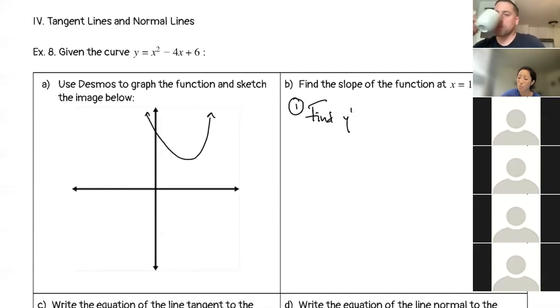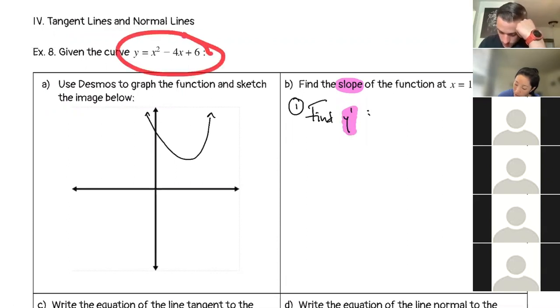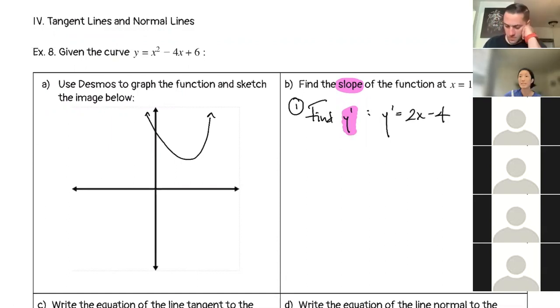And we're finding y prime because it asks us about the slope. And so if we go back to our original function and we use our power rule, we'll get y prime equals 2x minus 4 plus the 0, which I don't need to worry about, right?